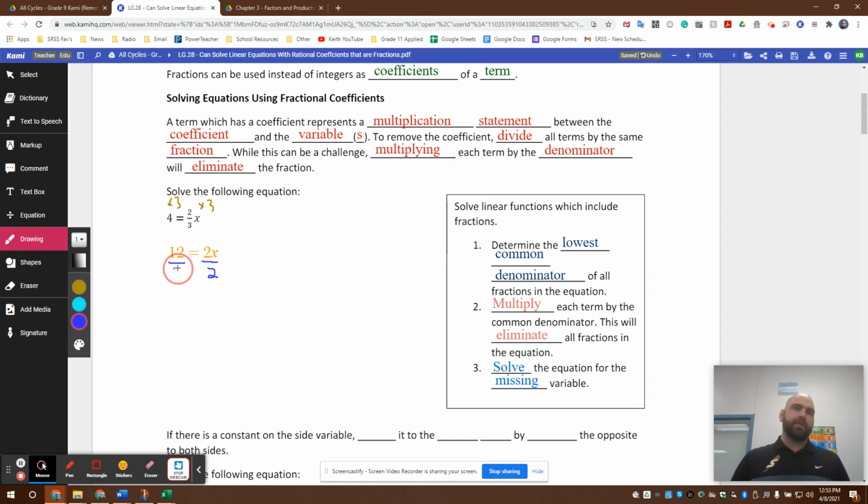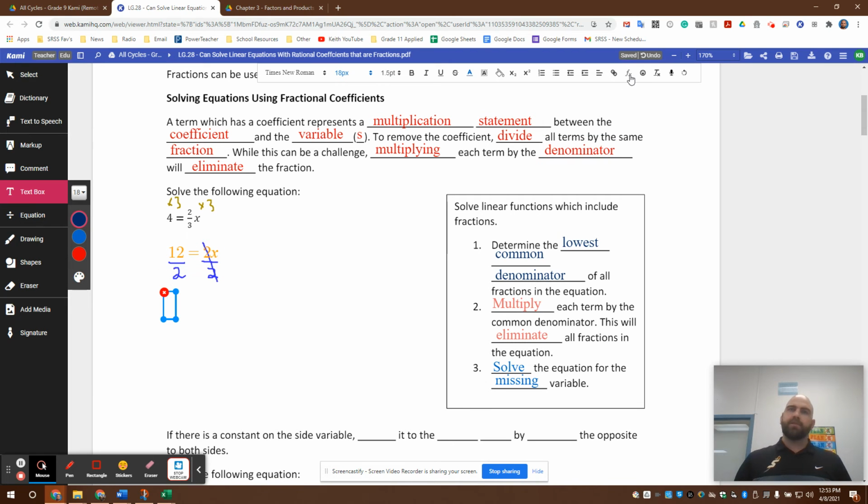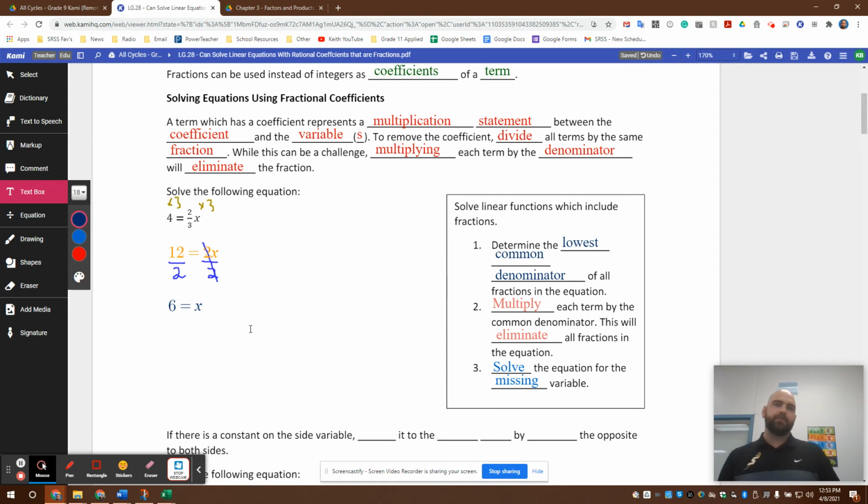Okay, and remember we divide by 2 because to get rid of this, we need to divide by the same value. So we divide by 2, that's going to isolate x. Remember when we talk about isolating x, we're talking about getting rid of anything around x, getting it all by itself. 12 divided by 2 is 6, and so that tells us that x equals 6. X equals 6. That is our final value in this case here.